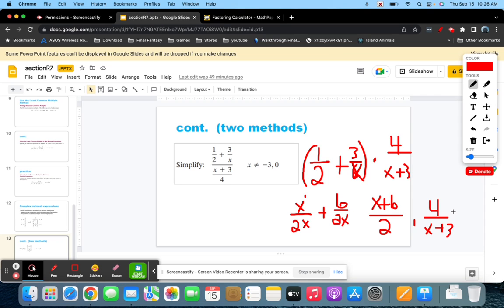Now we can just multiply, if you needed to, the numerators and denominators, or maybe keep them separate as, well, I guess we can reduce the 2 and the 4, so that'll be 1, that'll be 2. So it'd be x plus 6 times 2 over x plus 3.